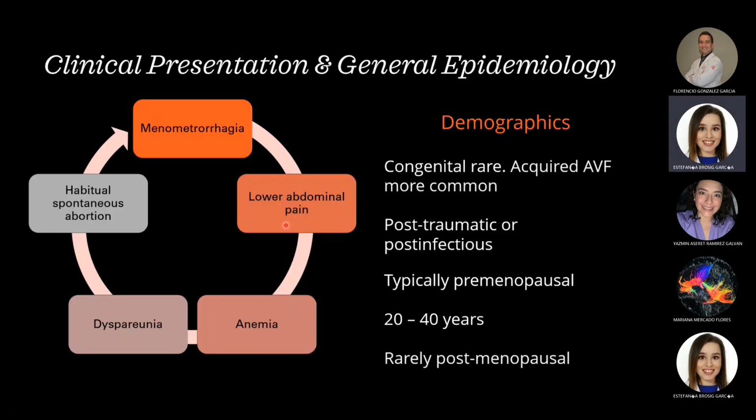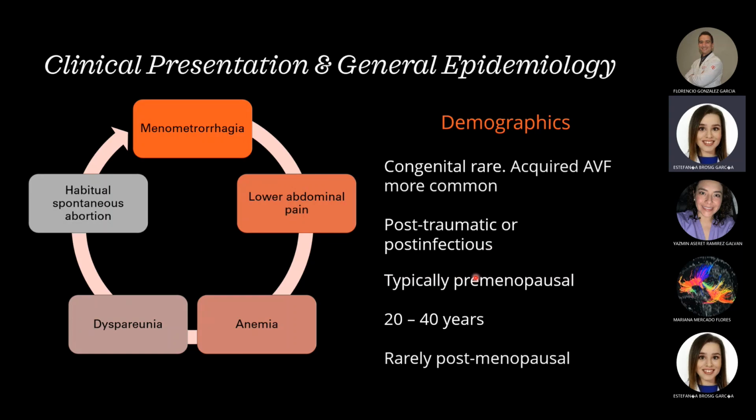Okay, clinical presentation and general epidemiology. Well, there exist two forms of presentation, congenital and acquired, in which the congenital is a rarer presentation, the acquired being the most common. We can see a history of post-traumatic or post-infection history in our patients.